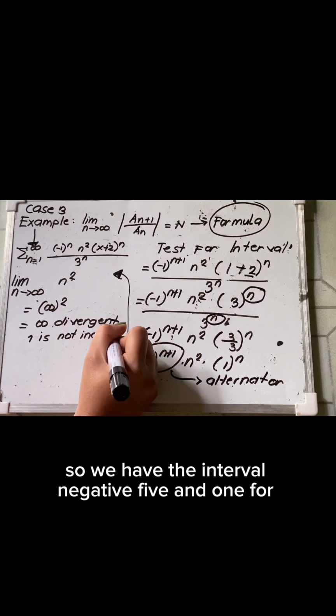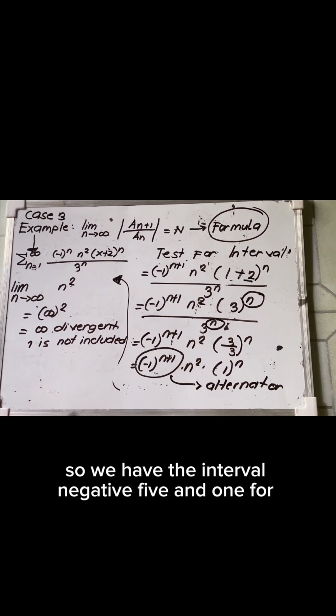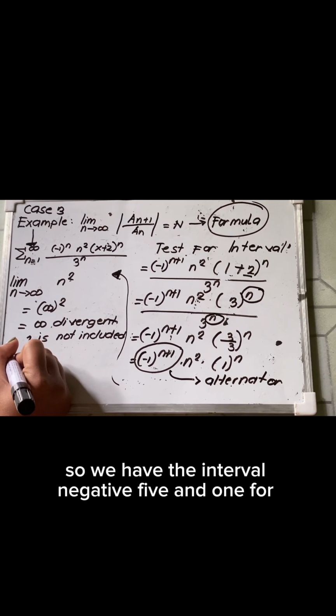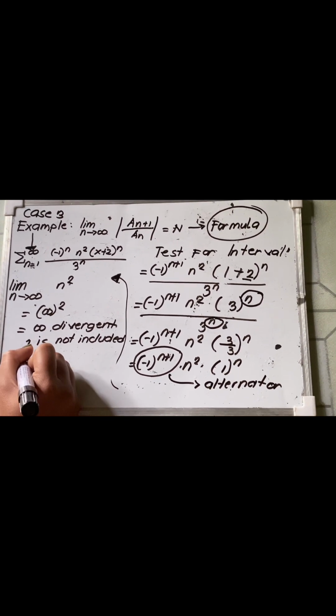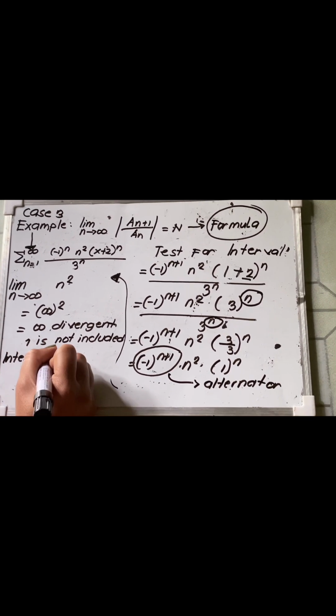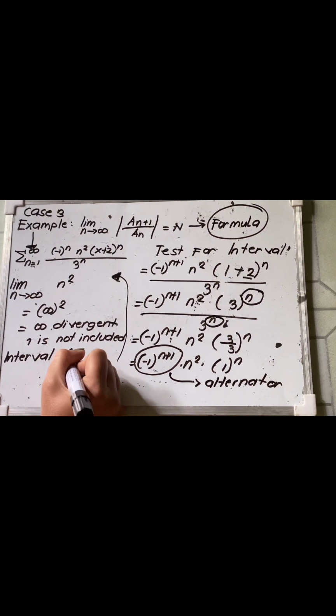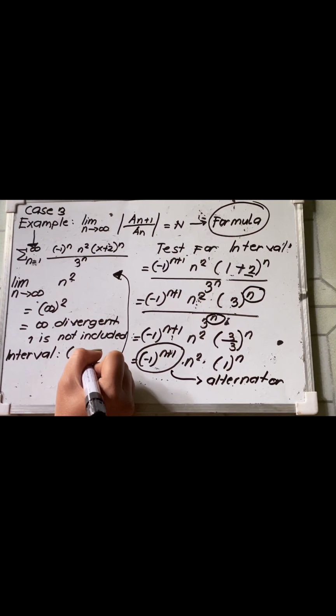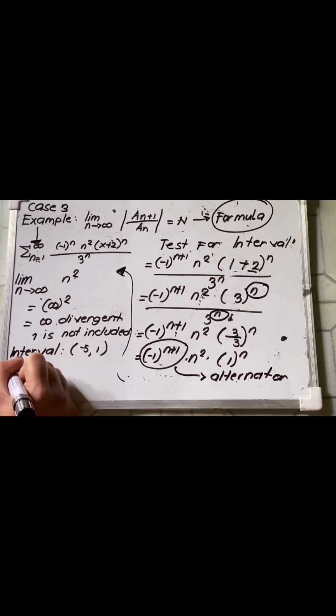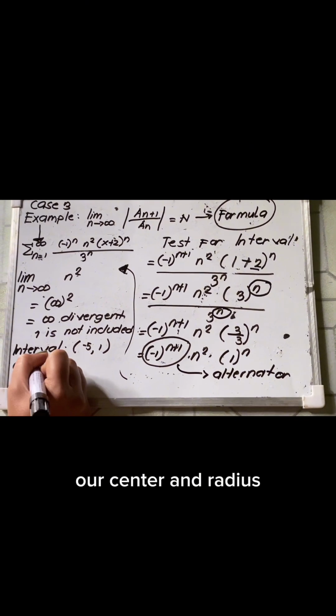So we have the interval negative 5 and 1 for our center and radius.